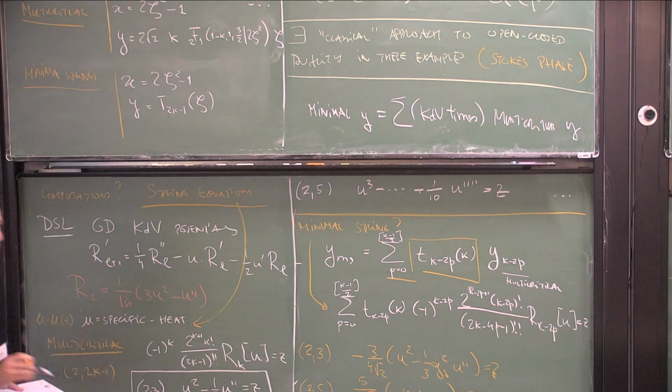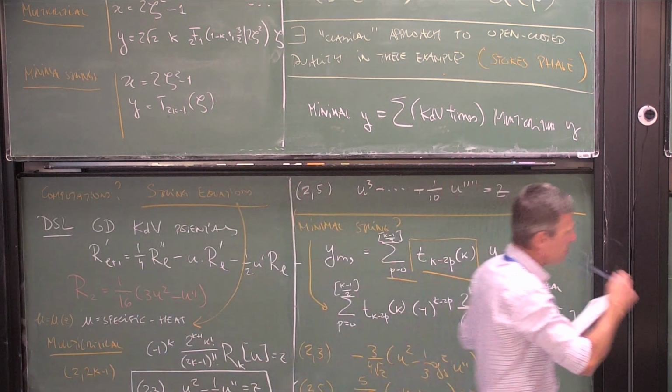So that's already a new string equation, and so you have these large classes of string equations that you would want to solve. So how would you come about and do it?